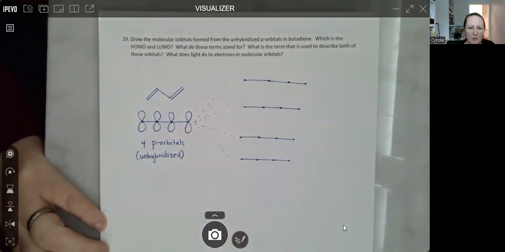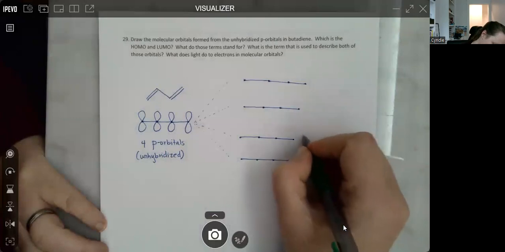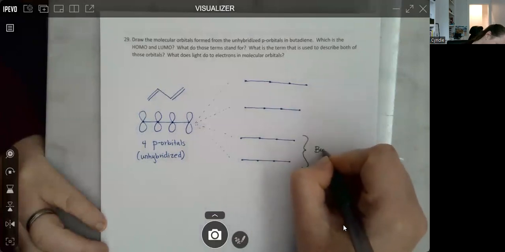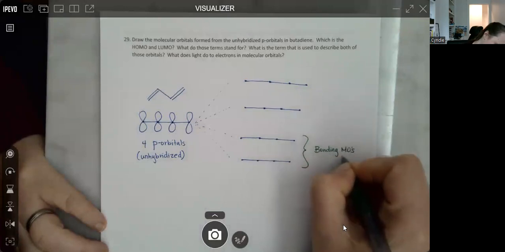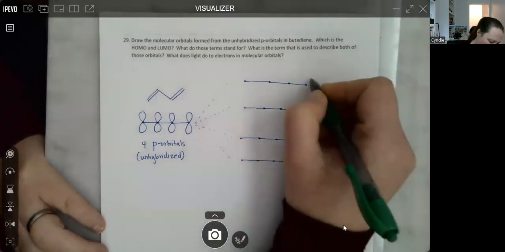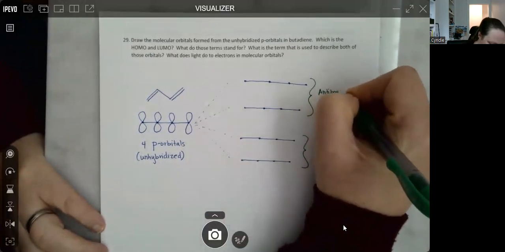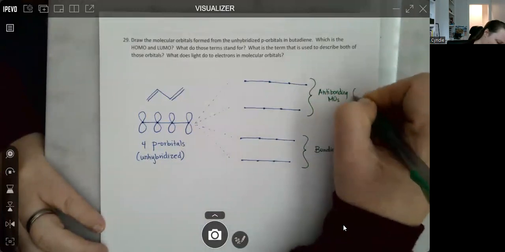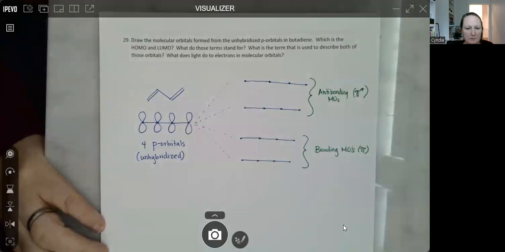Right, and so we are going to call the bottom 2 bonding molecular orbitals, and in this case pi, because we're forming them from p orbitals. And then we have 2 that are anti-bonding. And sometimes those are called pi star as an abbreviation.